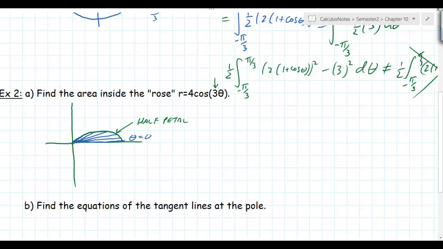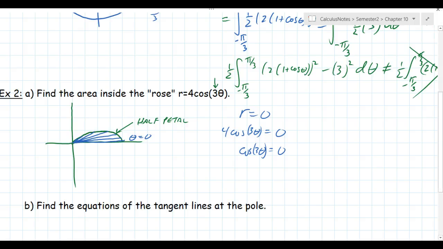Okay, so that's right. We want to know when the curve gets back to the pole, and so we set the radius equal to 0, so that means 4 cosine of 3 theta equals 0, and divide by 4, you get cosine of 3 theta equals 0. Now, what angle do I put inside any cosine function to get 0?